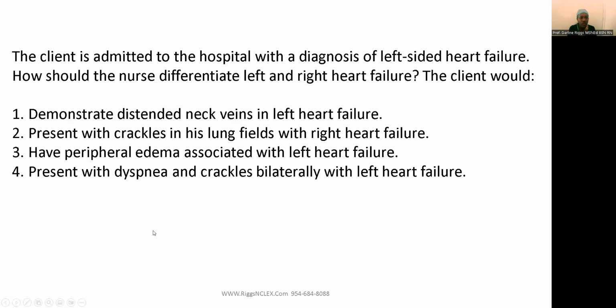All right, so let's try this question. A client is admitted to the hospital with a diagnosis of left-sided heart failure. How should the nurse differentiate left and right-sided heart failure? Demonstrate distended neck veins in left-sided heart failure? No, that's in right-sided. Present with crackles in the lung fields with right-sided heart failure? No, that's with left-sided heart failure.